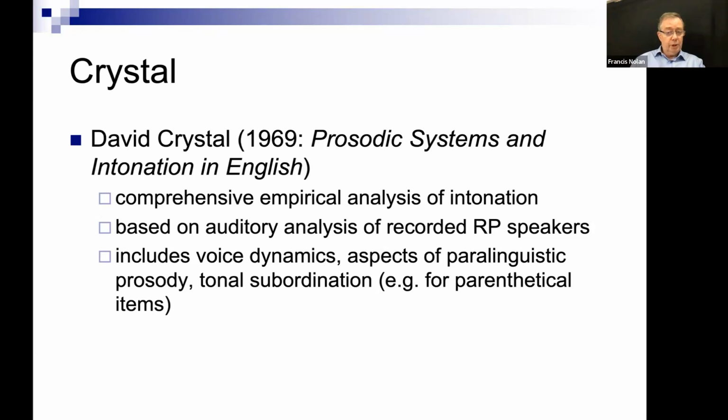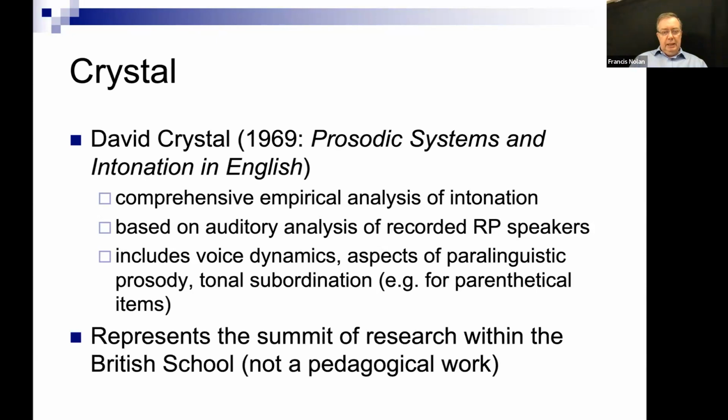He includes voice dynamics, aspects of paralinguistic prosody, tonal subordination, which you might use for parenthetical items, lowering the pitch in the parenthesis, in the words that are in the parenthesis, and many aspects of intonation. And I think it really represents the peak of this tradition as far as research is concerned.